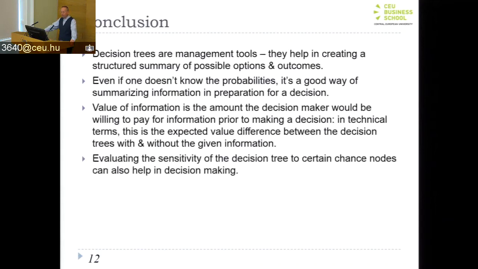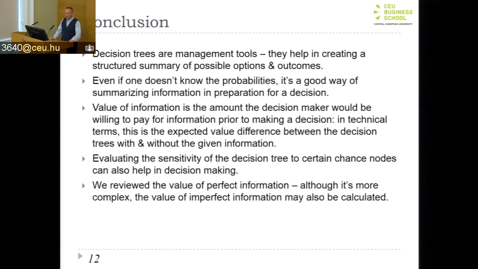As I have shown in Excel, evaluating the sensitivity of the decision tree can help a lot in decision making, and you don't necessarily need specific values. So you may get away with saying that the probability is somewhere between 20 to 50%, rather than saying that the probability is 25%, which is difficult in real life.